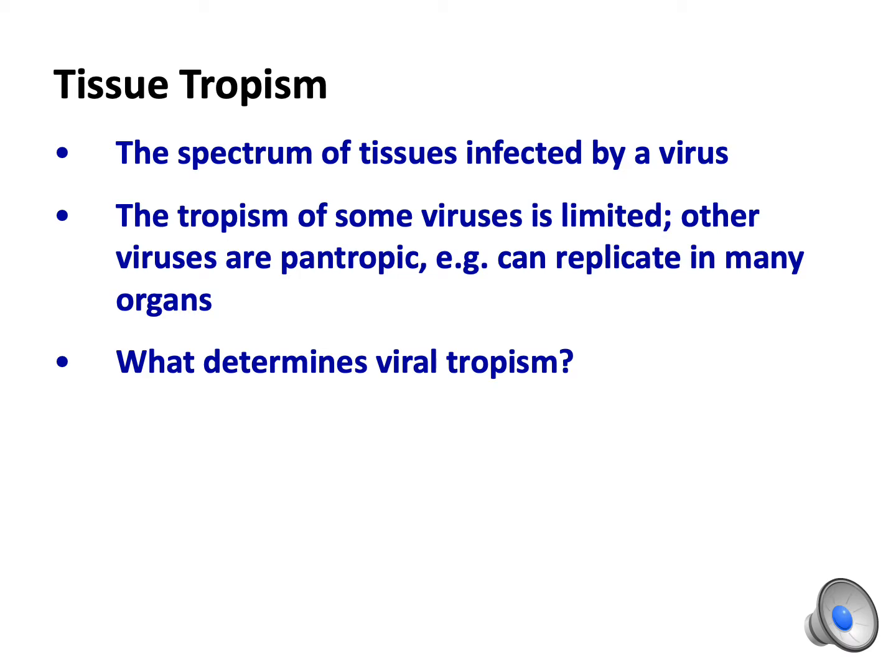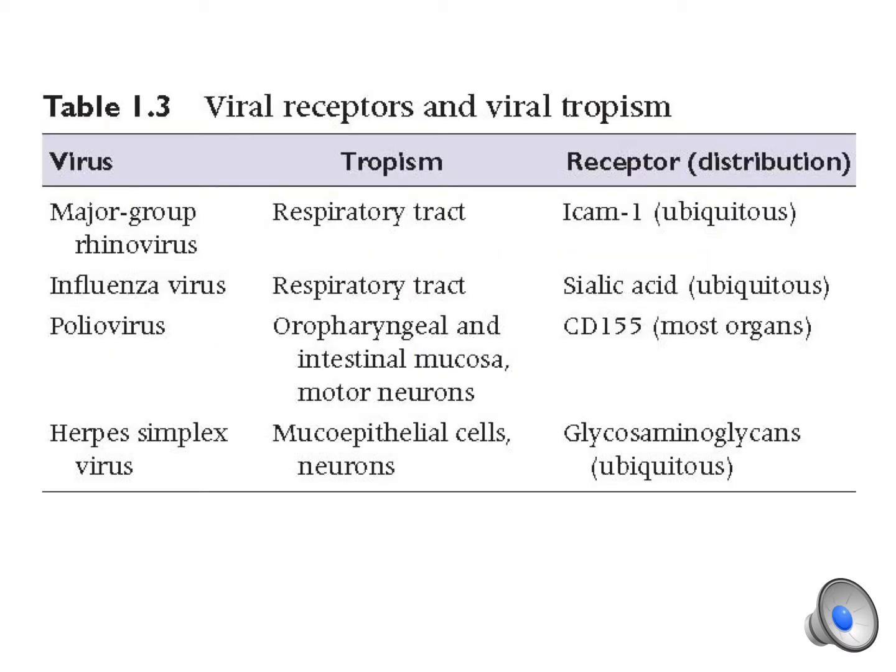And when you think about what determines viral tropism, in some cases you know that it is the receptor, and in other cases it is not. And so what this slide illustrates is that you know that ICAM1 is a molecule that is quite ubiquitous, as is sialic acid, as are glycosaminoglycans in the right-hand column here.